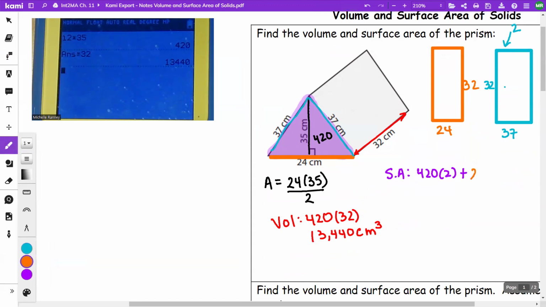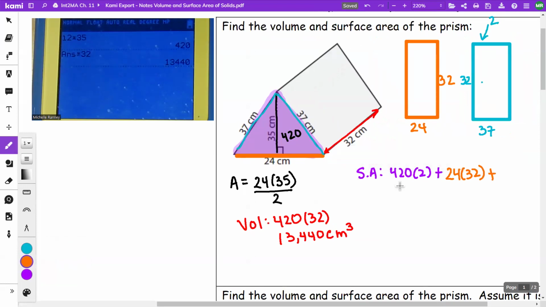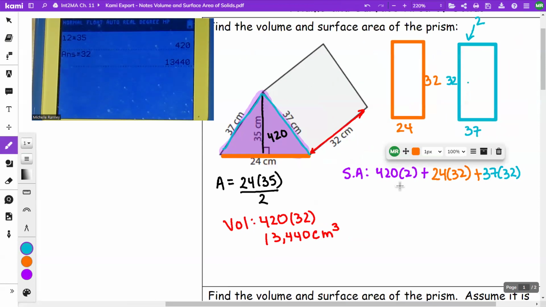420 plus my 24 times 32 plus my 37 times 32 times 2, because I'm going to have 2 of those.